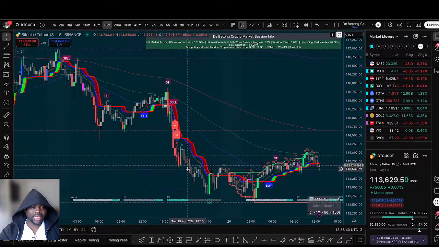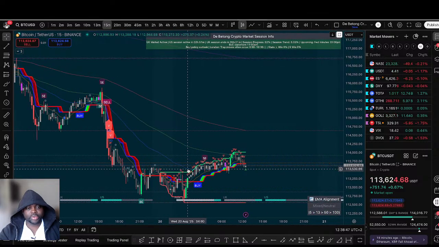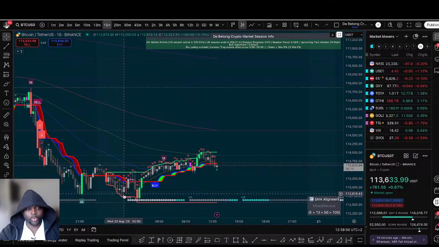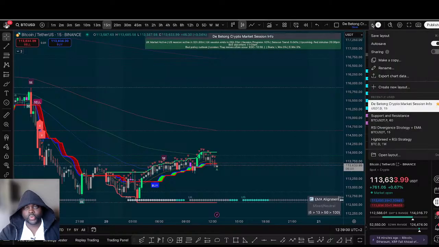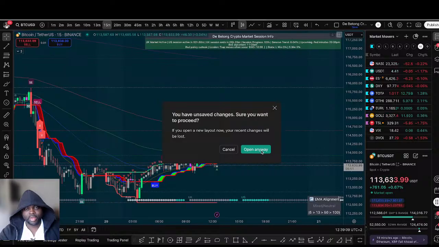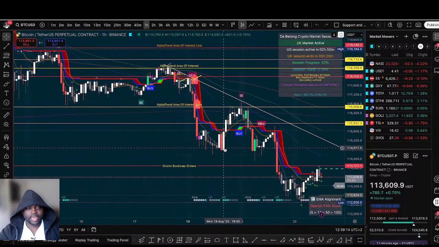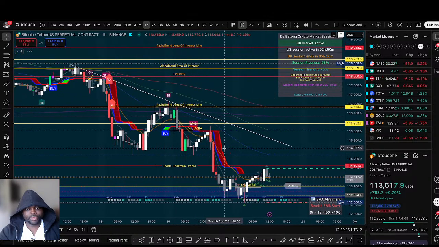Now, let's say this is Bitcoin today, right? Let me get a different chart so we can do this properly. Okay, this is a chart I want us to work on.